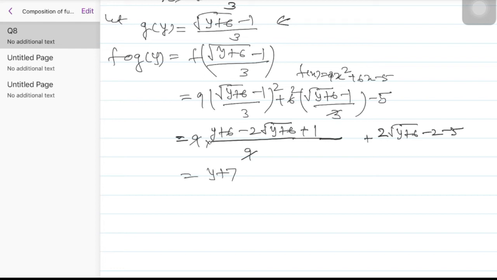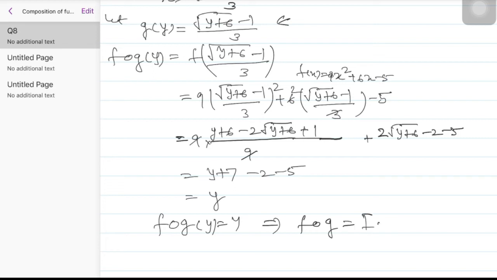This negative 2 times root y plus 6 will get cancelled with this. Minus 2 minus 5 equals y. So starting with y, we get again y. So it means that f o g(y) is equal to y, which implies f o g is the identity function in y.